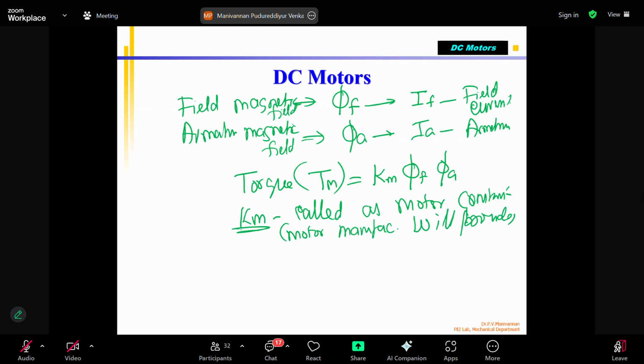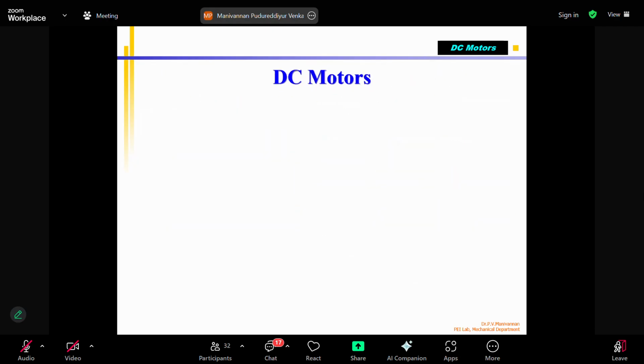Now, to understand this a bit more, if you see your DC motor, I'll come back to the figure later. A DC motor has three parts apart from the field coil and armature coil. For understanding purposes, I will draw this figure.